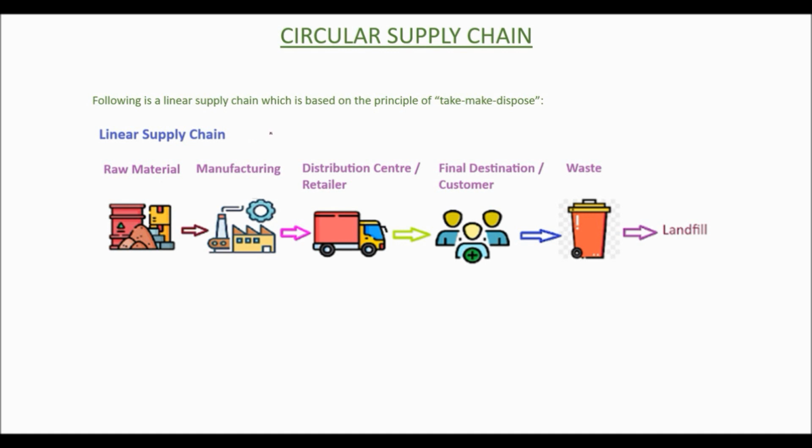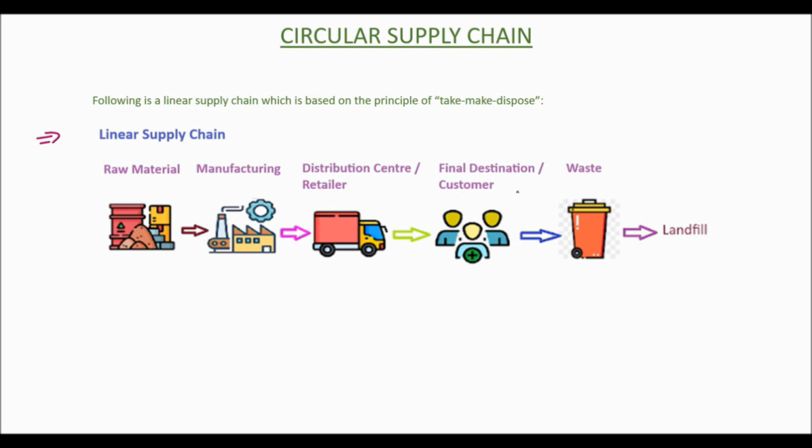Now, how does a typical supply chain or a linear supply chain look like? So, you get the raw material from the suppliers. You transport that to a manufacturing facility where you convert this raw material into finished good. This finished good is then taken to the distribution center and then to a retailer, from where it finally goes to the customer.